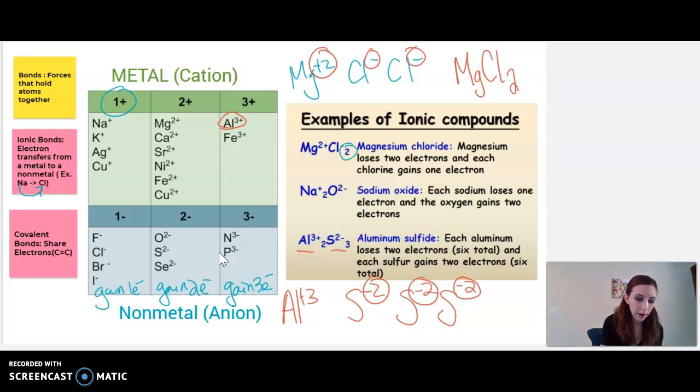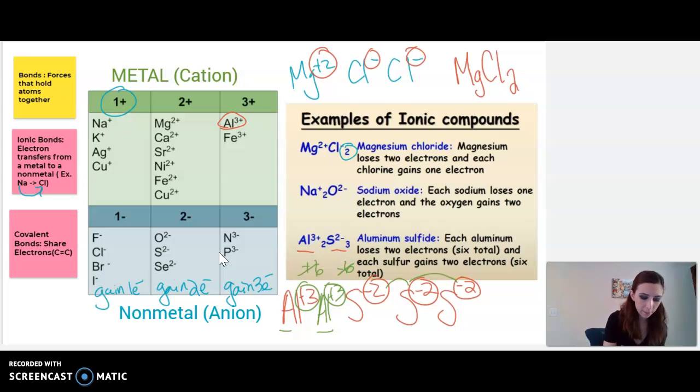What I'm going to do now is add an aluminum +3. If I have 2 aluminum, that's going to give me a +6 charge for the metals. Then I have 3 sulfur with a -6. Those will cancel out and give us our final ionic compound.